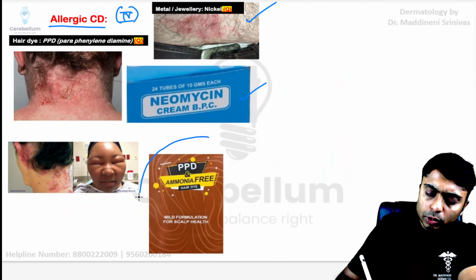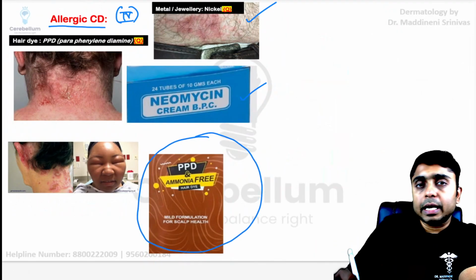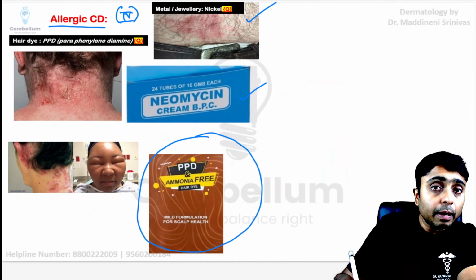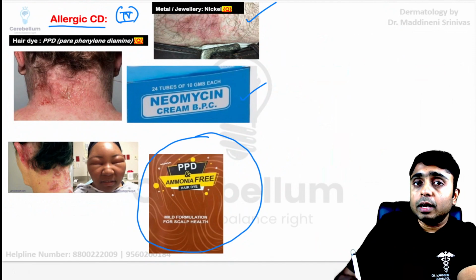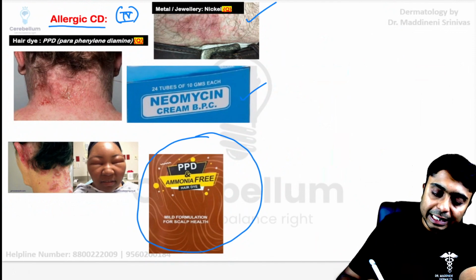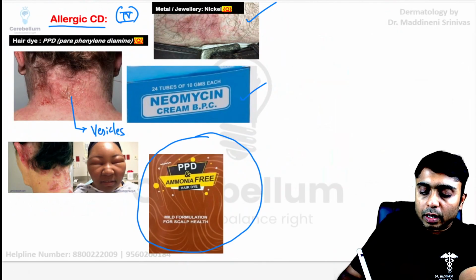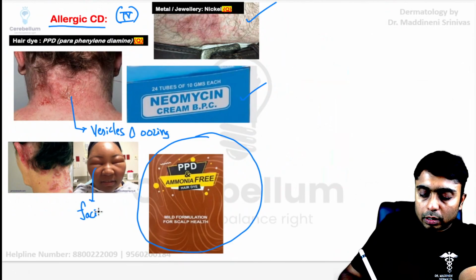And here you are able to see that the newer hair dyes, which are a little bit expensive, are being advertised as being PPD free, because PPD is associated with allergic contact dermatitis, which can not only produce this kind of eczematous picture where you are able to see vesicles and oozing, but also this can produce facial puffiness.